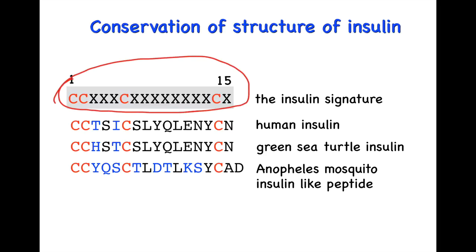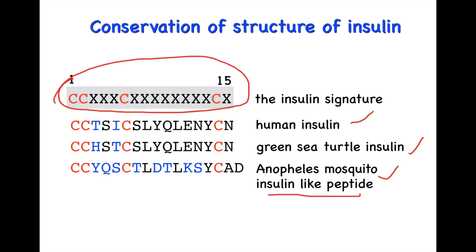You can see the characteristic C amino acid, cysteine amino acid. You can see that humans do, all these species, human insulin, green sea turtle insulin, and the Anopheles mosquito, which has an insulin-like peptide, all of these comply with this signature, the insulin signature.